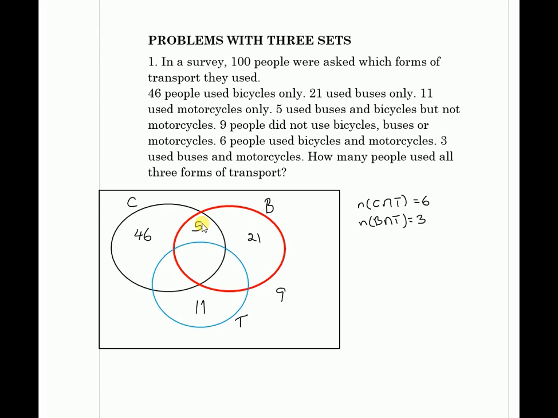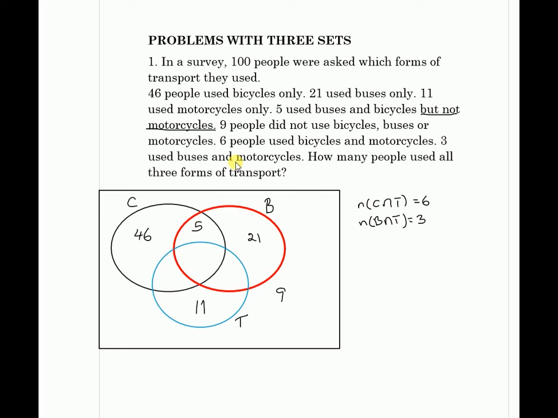For this particular 5, they said the 5 used buses and bicycles, but not motorcycles. That was the phrase that makes this region be the way it is. Buses and bicycles, but not motorcycles. That's why that one is there.